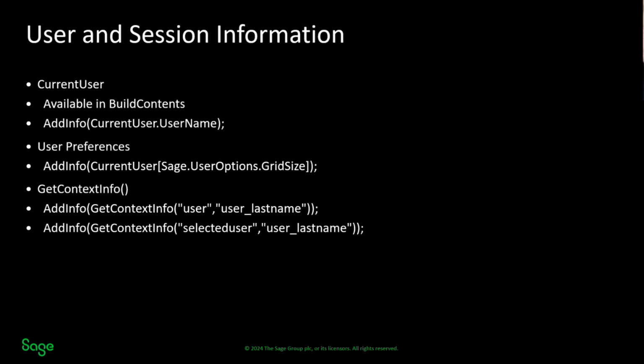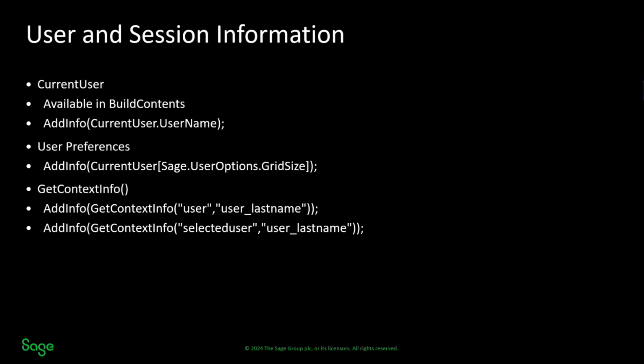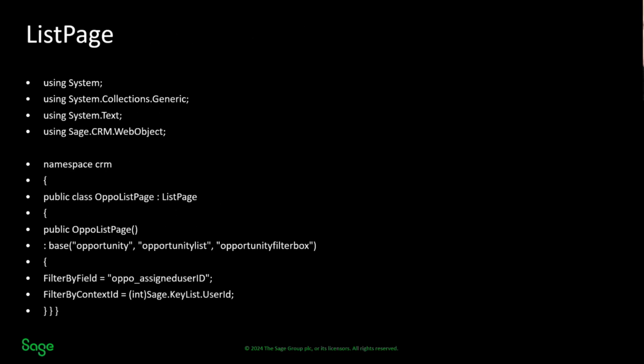So we can go off and get this information and use this in the override of the build contents. And that's, as you can see here, demonstrating how we can get contextual information that enriches our page. Sorry, let me dwell on this a little bit more. So in something like this list page, we can obtain the preferences of the user.